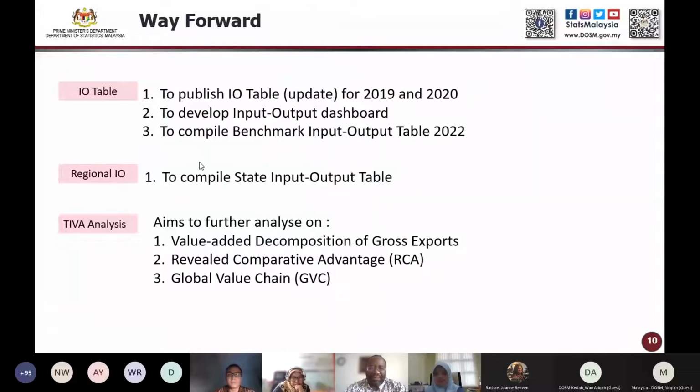Way forward, our planning for several products for the input-output table.